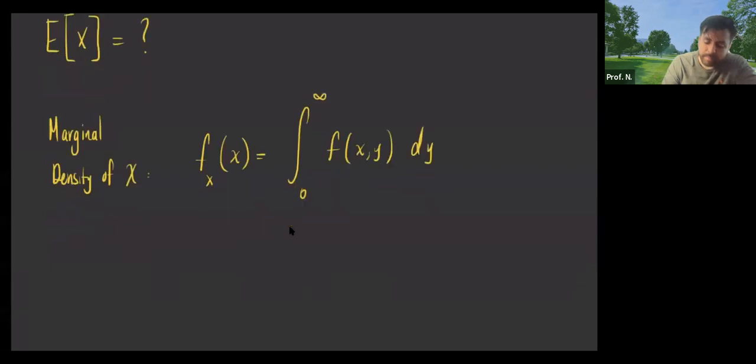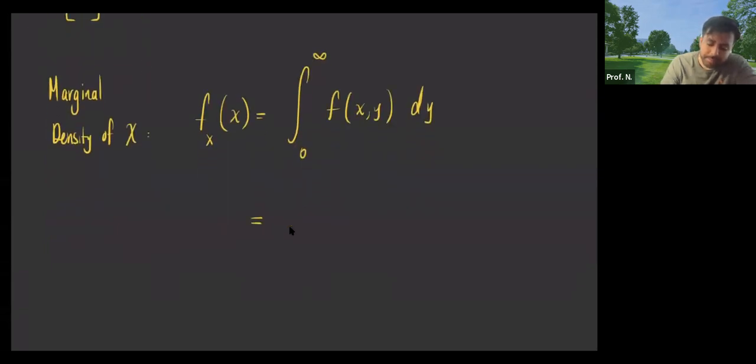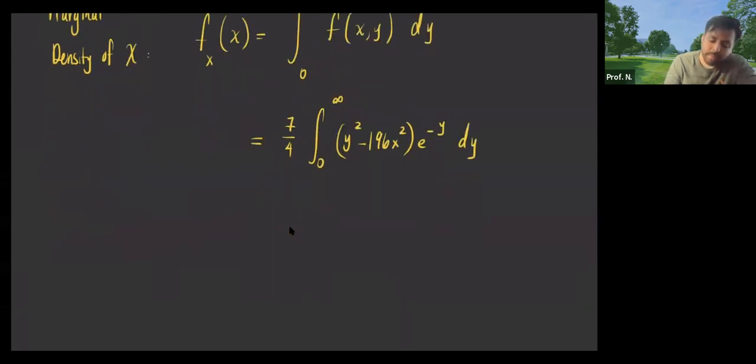So it's this thing here. We already know c is 7/4, so 7/4 times the integral from 0 to infinity of, and what was it, y squared minus 196 x squared e to the negative y dy. We want a function only of x, right?